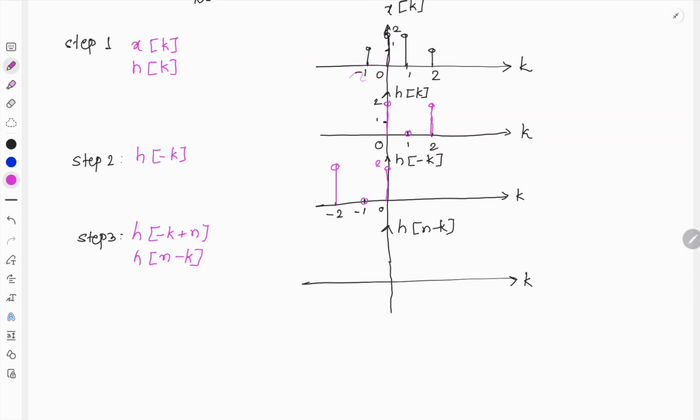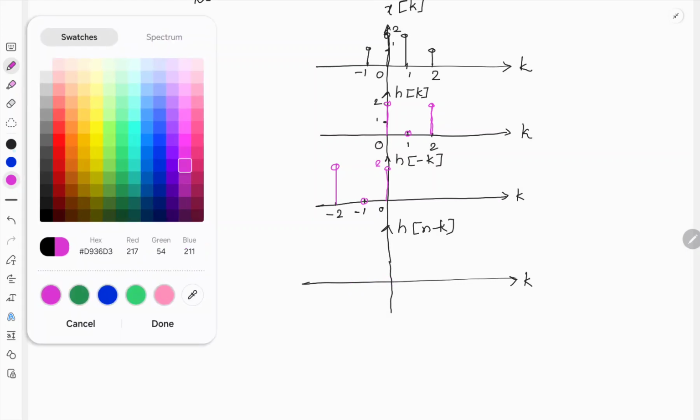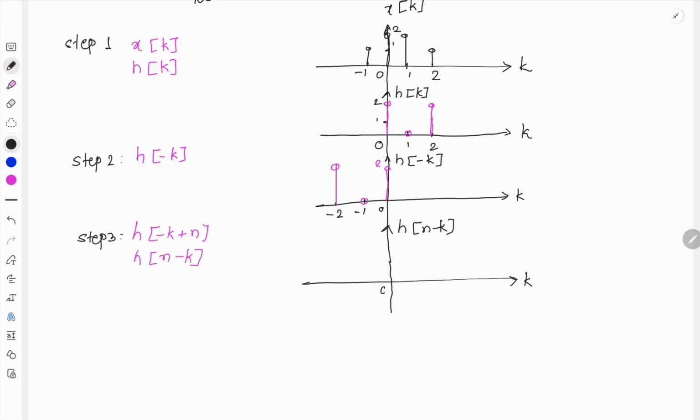The x of k signal starts at -1, so we have to draw the h of n minus k signal before -1. So let's draw it. I'll be marking these points. This is -1. So I need to draw this signal before -1. First of all I will draw it. So this is the amplitude 2 at 0.